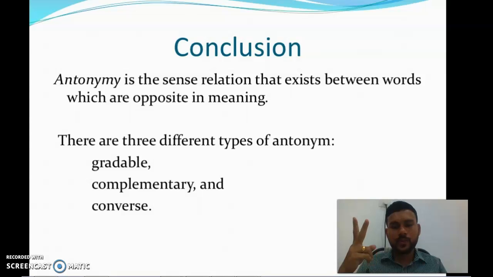Auto antonym should also be added along with graded and complementary. When it comes to absolute antonym, you try to give an antonym to a word. It may have many antonyms, but there is only one suitable antonym that you can give, and that is the absolute antonym.